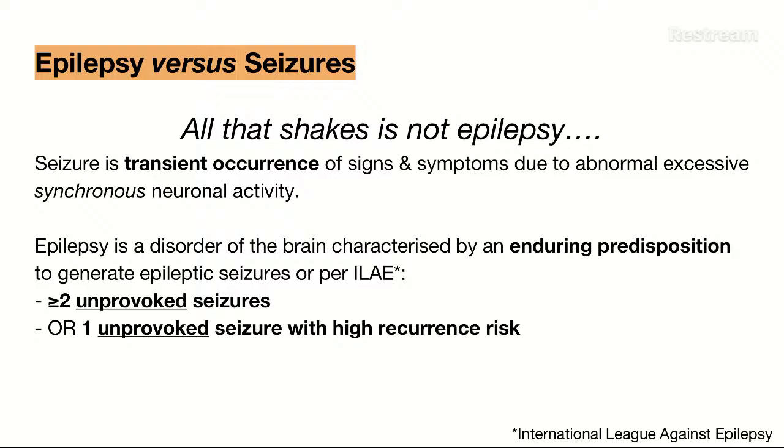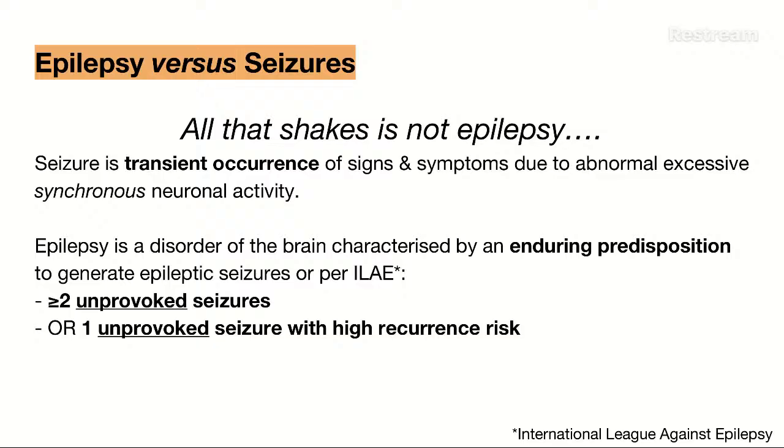It's useful to clarify the distinction between a seizure and epilepsy. A seizure is defined as a transient occurrence of signs and symptoms caused by abnormal, excessive, synchronous neuronal activity in the brain. In other words, it's a single event. Epilepsy, in contrast, is a chronic disorder characterized by a predisposition to generate recurrent seizures.